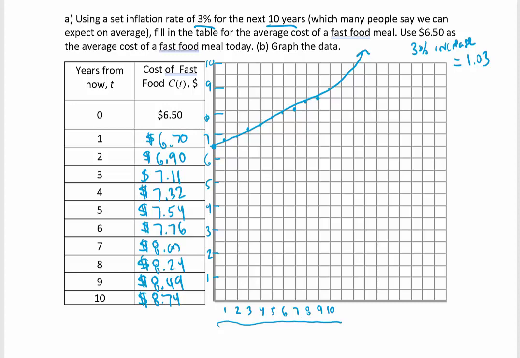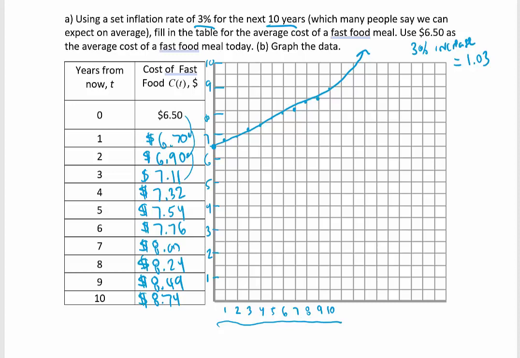Now, from our graph here, it looks like we are creating a linear graph, meaning this thing is going to keep going on at the same rate, but that's not the case. We know this is an exponential growth graph because if we look at the differences, the difference between 6.50 and 6.70 is 20 cents and 20 cents.